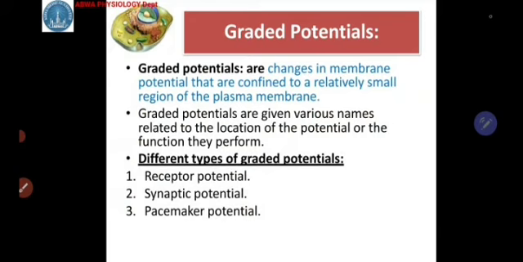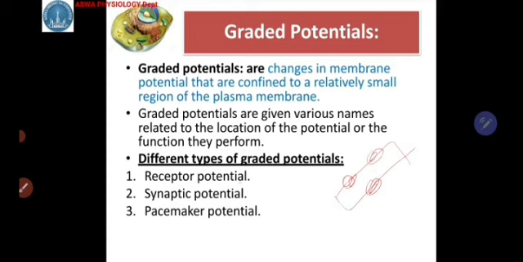Graded potentials. Graded potentials are basically changes in the membrane potential that are confined to a small area. For this area only, or for this area only, a small region of the plasma membrane.